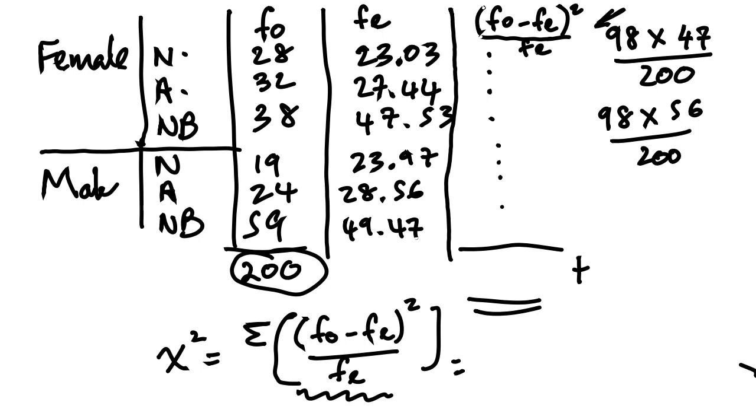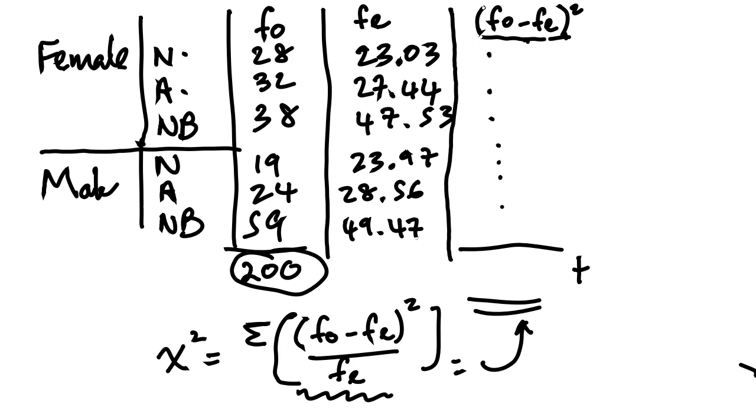So instead of putting in the denominator, I'm just going to write it like this, so I've got space to write. The first one: if you plug this F0 value and this FE value into this equation and punch it into your calculator, you'll get a value of 1.07.